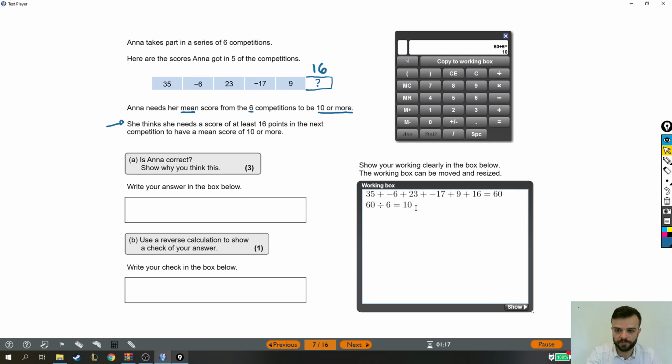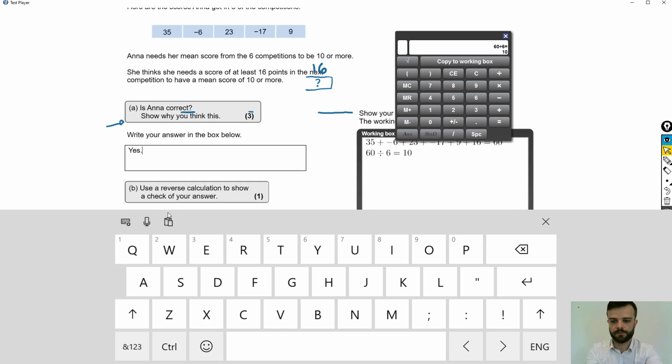It is 10, so that counts, that's fine. So actually, is Anna correct? Yes. If she got more than 16, because she did say she thinks she needs at least 16, then her mean will be more than 10. If she got 16 points, her mean would be 10. So she's absolutely right, because she needed a mean score of 10. So is Anna correct? Yes.